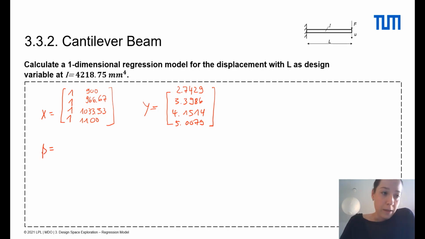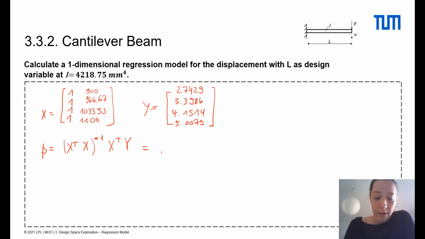So beta is X transposed times X, inverting it and then multiplying it by X transposed again, and finally by Y.